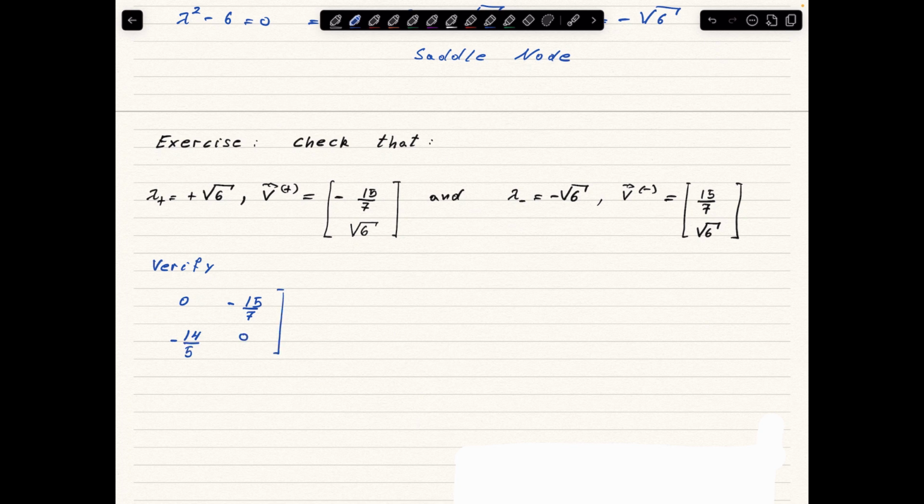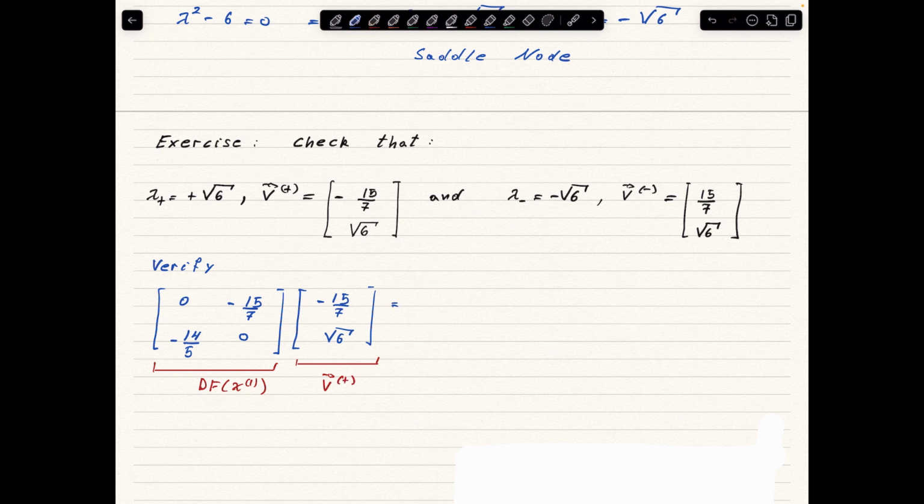This is our matrix of coefficients, and we have our vector here with components negative 15/7 and square root of 6. And recall, this is our derivative matrix, the matrix of coefficients df at x1. This here is what we are calling our eigenvector v plus.